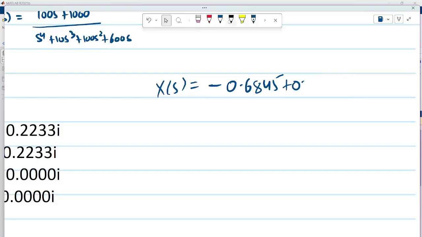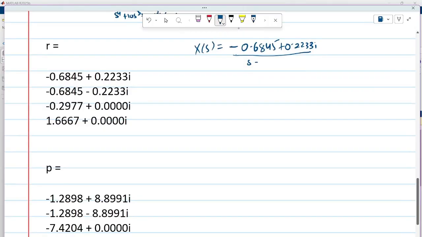0.2233i. I'm just writing it roughly, divided by s minus p1, which is minus 1.28974. You can just take the minus as common, so it becomes plus, and it will be 1.2898 minus 8.899i, plus r2 divided by s minus p2.